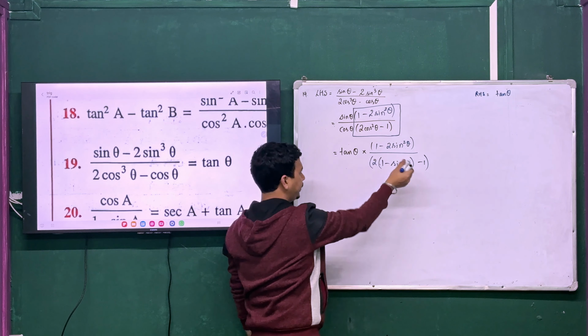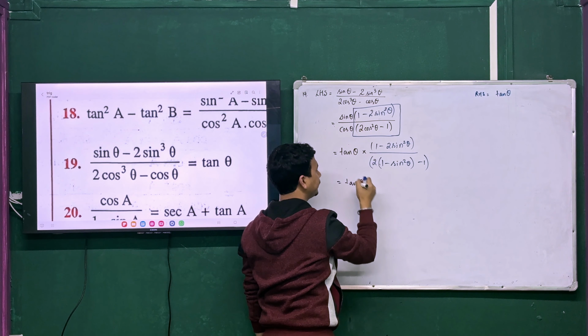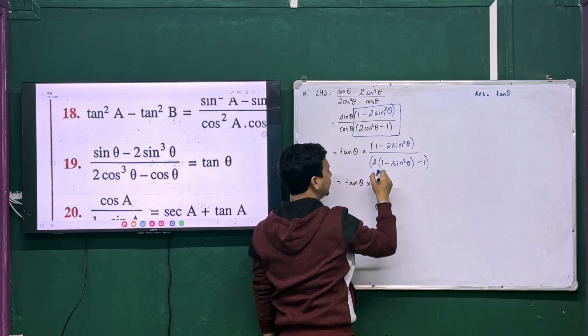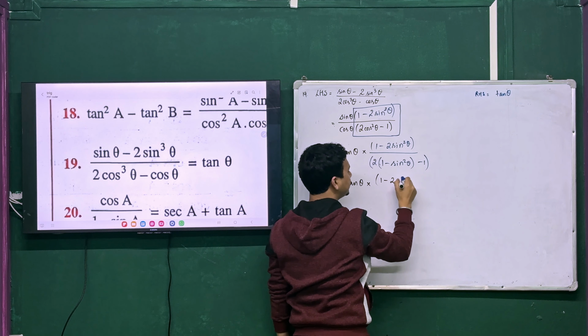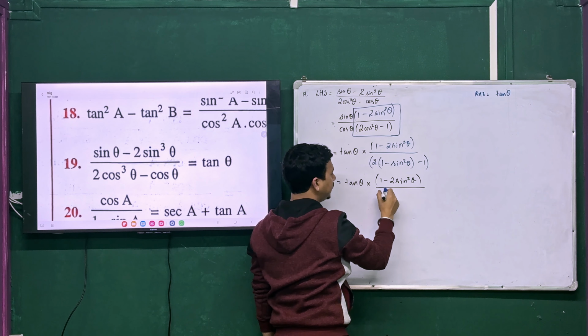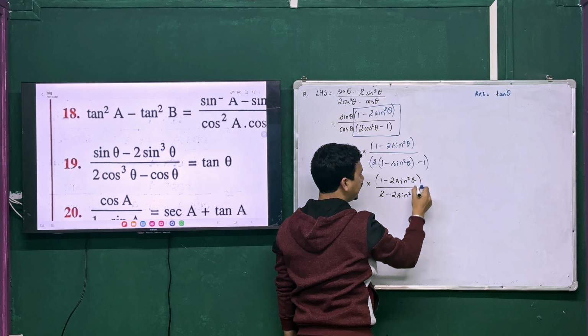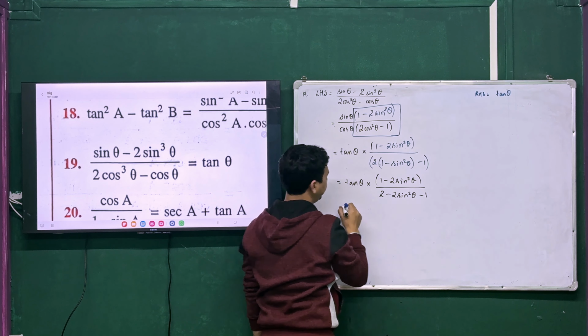Alright, if you open this bracket now, what do you get? This I'll not touch because I already have that on the right hand side. This one let's manipulate. So 1 minus 2 sine square theta. Here if I open the bracket, 2 ones are 2 minus 2 sine square theta and minus 1.